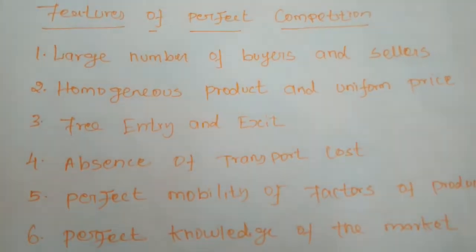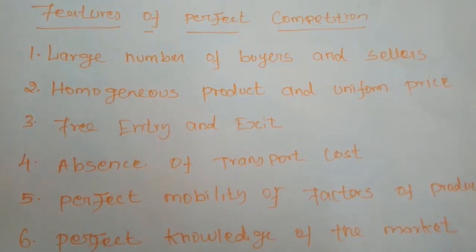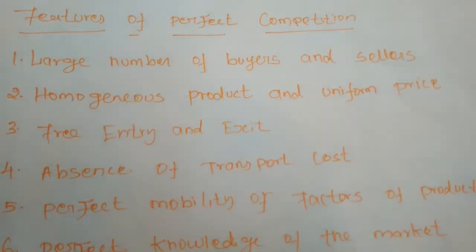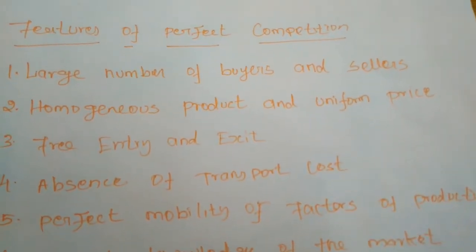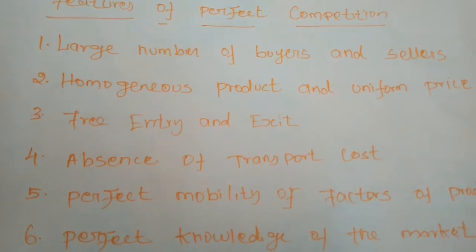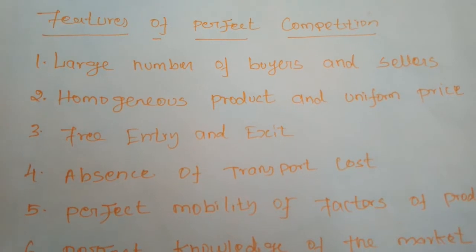Next, homogeneous product and uniform price. In the perfect competition market, only homogeneous products will be there, and the price for all the products will be uniform. If you go to the fish market, you can see all the fish sellers have the same product, fish only.